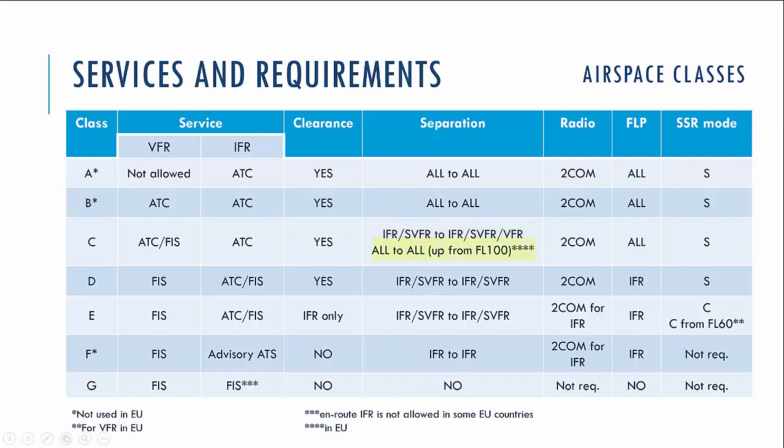And starting from flight level 100 in the European Union, all traffic is provided with traffic separation. And you need to have the two-way radio communication to fly in the C class, and you have to file the flight plan and have the secondary surveillance radar C mode.